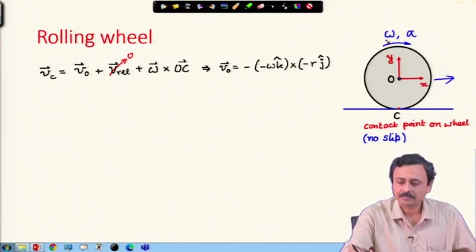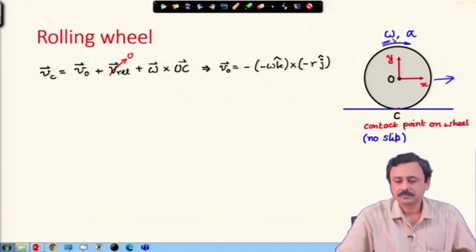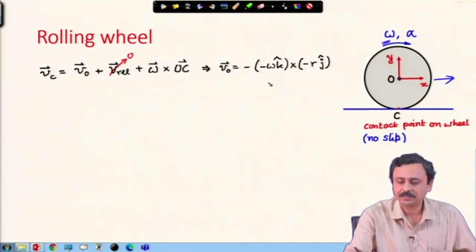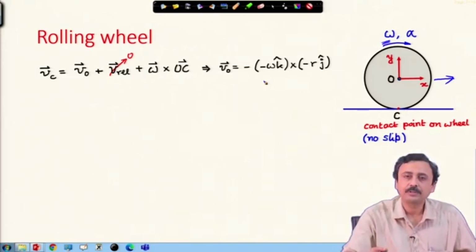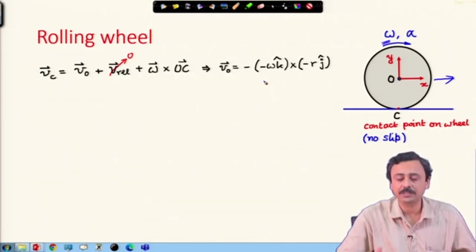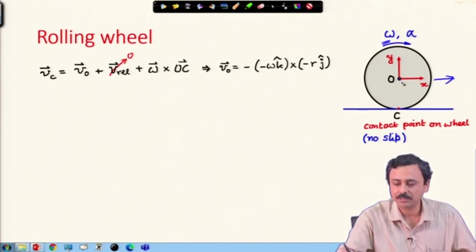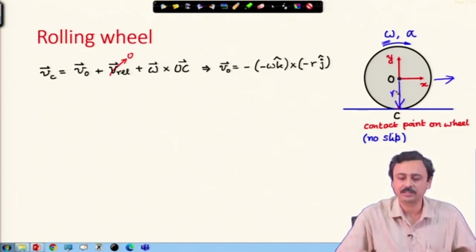Omega, this I am representing as minus omega k cap, a vector now coming out of the plane of the screen. Therefore, this expression is the representation of omega vector as minus omega k cap, cross OC is minus r j cap, this is OC, and magnitude is r and direction is minus j cap.